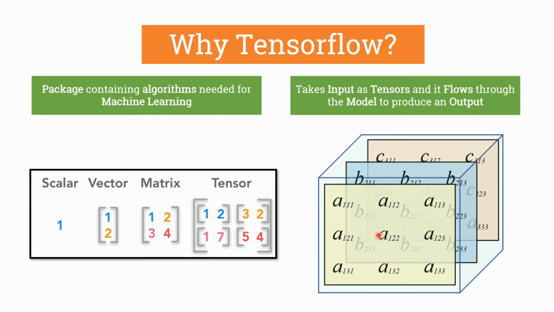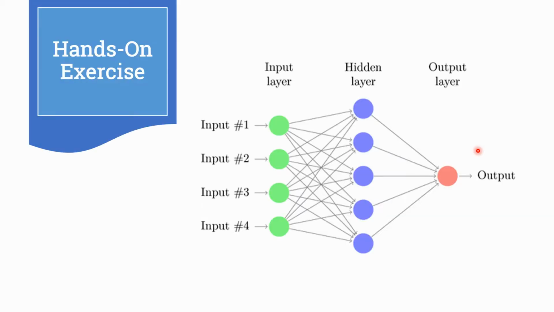When these are arranged together, they form a third dimension. So this arrangement creates a three-dimensional tensor. Over here it has one row, two columns, one row, two columns, one row, two columns again. When arranged together, it forms a three-dimensional tensor. Likewise, we can have four-dimensional, five-dimensional and more tensors. These tensors flow as input through the neural networks.